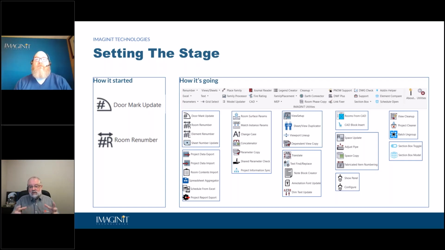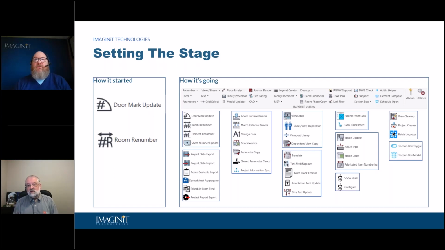So if we see what all those things were, we've been working on all these over the years. The tool set has grown based off of input from our team, and just things of, hey, IMAGINiT development crew, could we add a tool for placing families along a line, or things along those lines? Okay, cool, that got in there. But then also getting feedback from you, from our customers, of what are some different tools that you would like to see get into this toolkit.